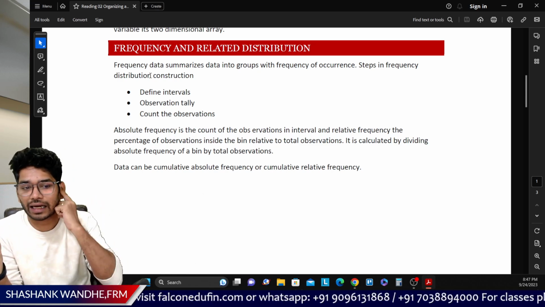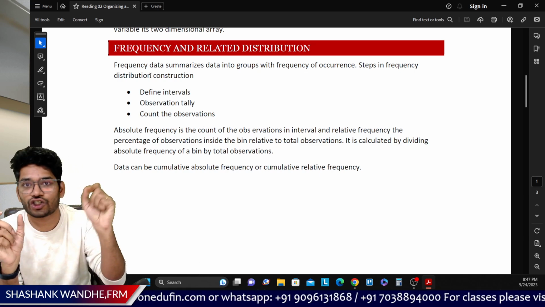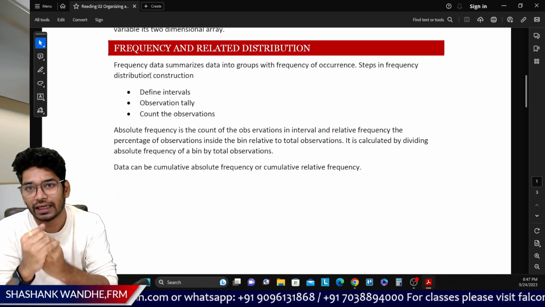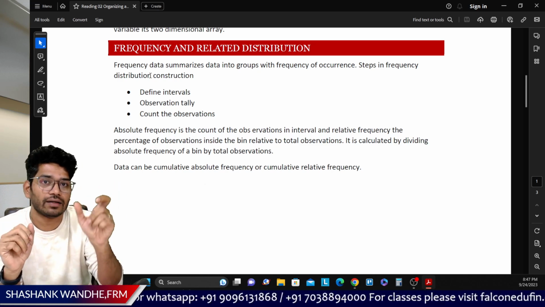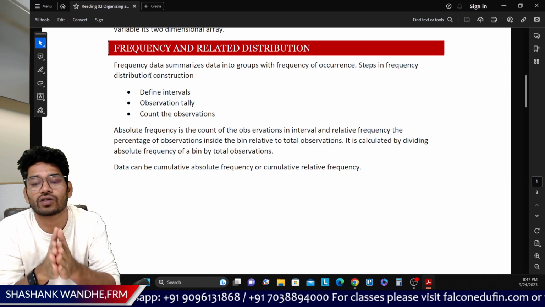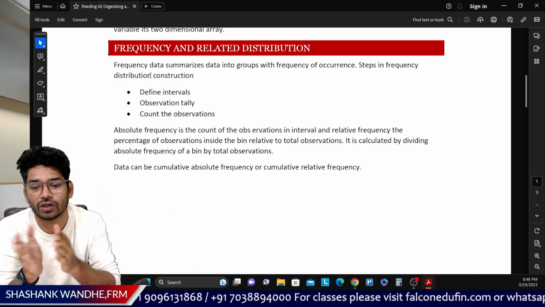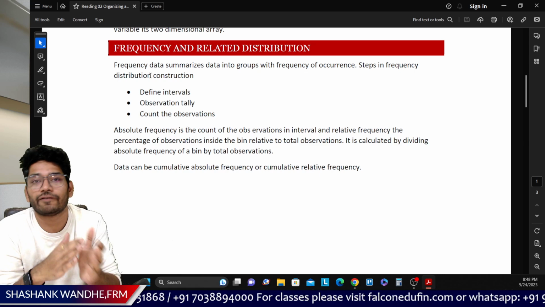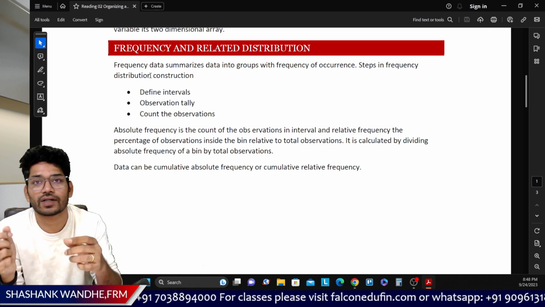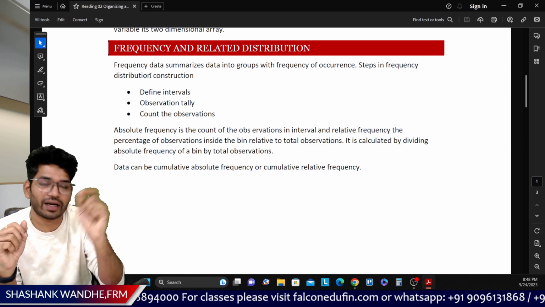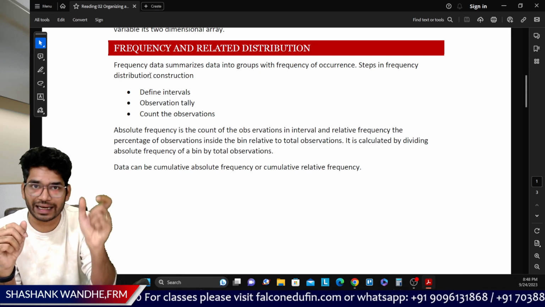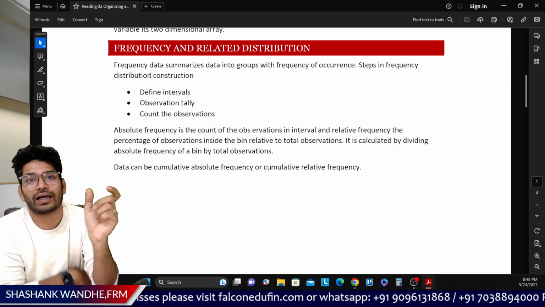Then you calculate how many observations lie within each bin or each range, and from this you create a frequency distribution. In frequency distribution you have the absolute frequency distribution or you can also have the relative frequency distribution. The absolute frequency distribution is the actual number of observations lying in that particular bin or range.